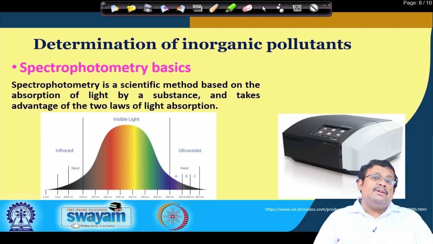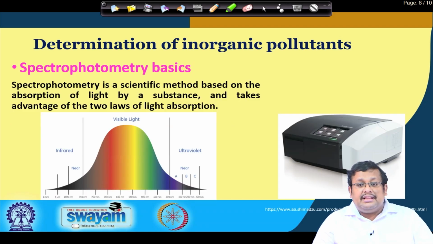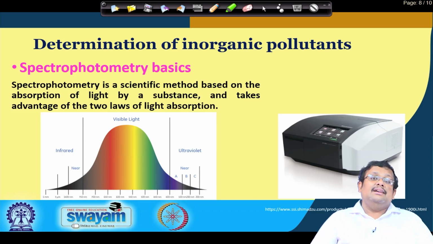Now, spectrophotometry is a scientific method. You can see here a picture of a spectrophotometer. So, spectrophotometry is a scientific method based on the absorption of light by a substance and takes advantage of two laws of light absorption, and these laws are known as Beer's and Lambert's law. We will discuss them.